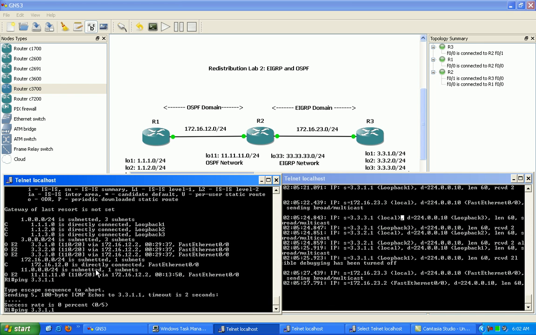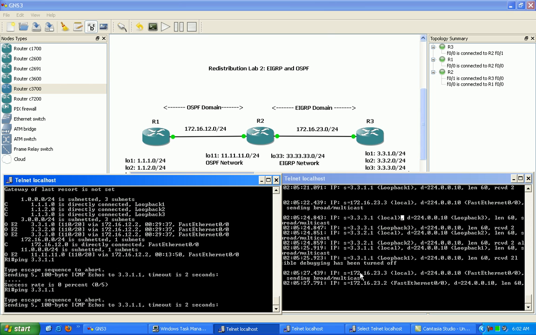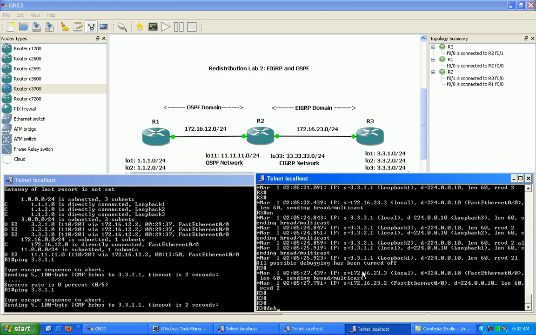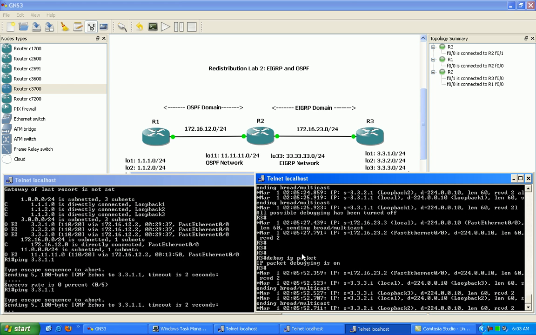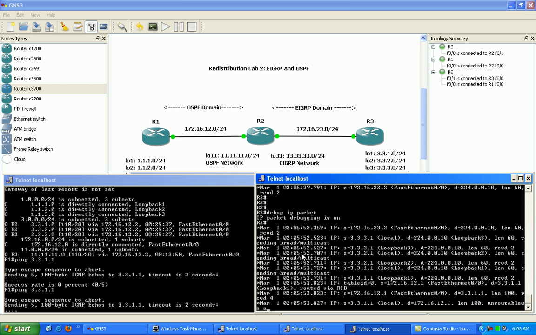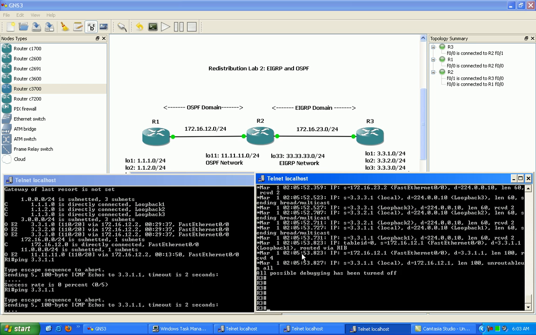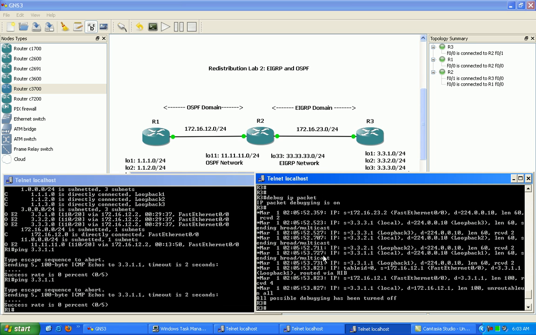So let's go ahead and do this real fast. If I do the ping to the 3 network from router 1, if I go ahead and now do a debug IP packet, see if I can catch this real fast. And we do catch it here.